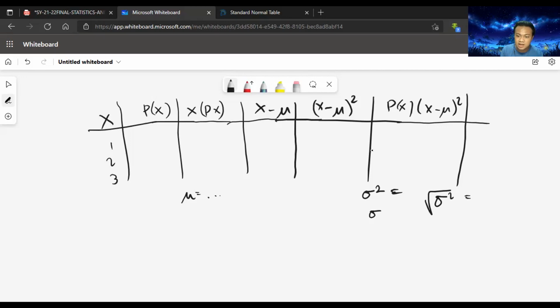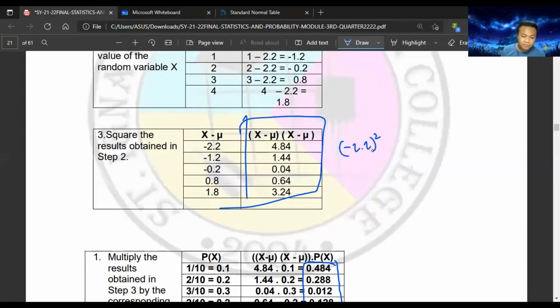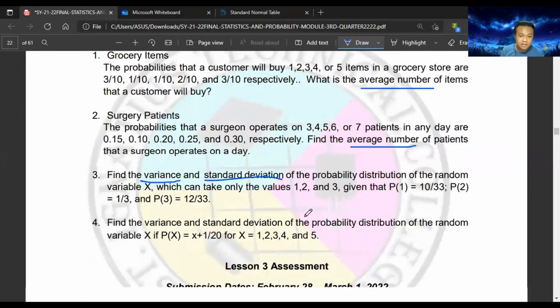So you also get sigma, that's the standard deviation. That goes also for number 4.